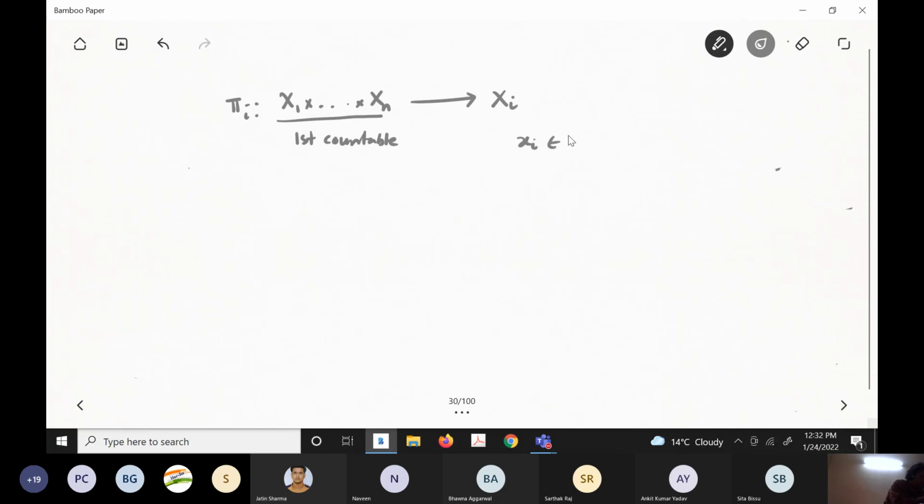You can fix the other things, you can take anything like that. But this you can keep fixed. Only this will be changing if you vary here. So choose a point that belongs to the product.